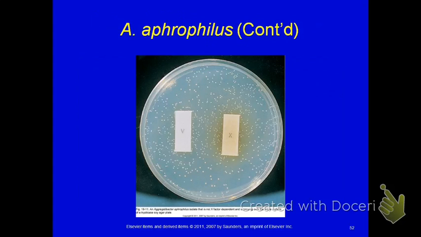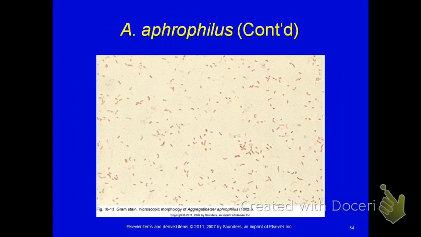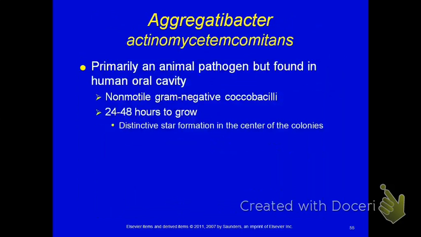Okay, so this is a picture of an Aggregatibacter aphrophilus isolate that is not X-factor dependent and is growing over the entire surface of a trypticase soy agar plate.